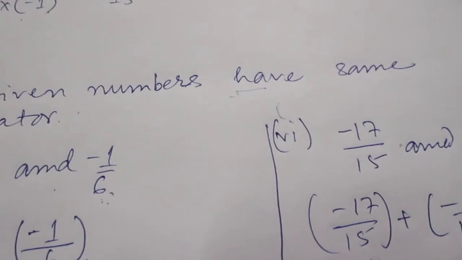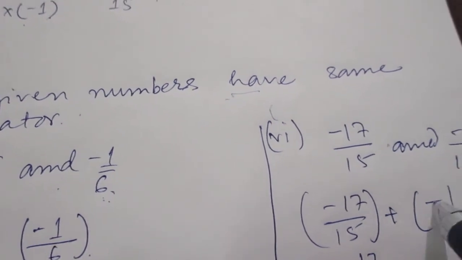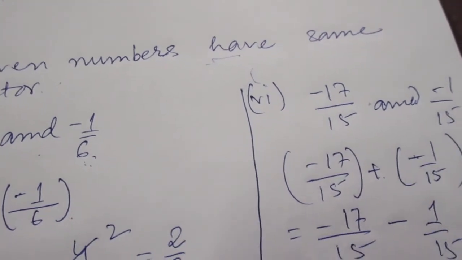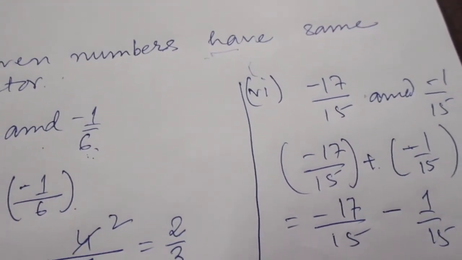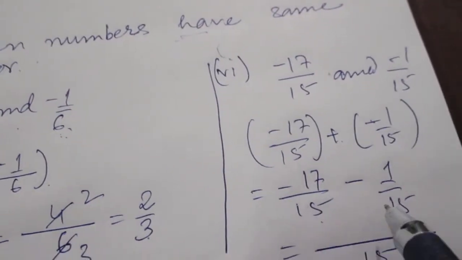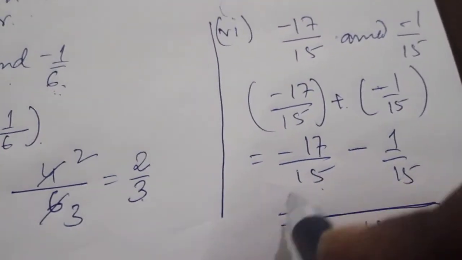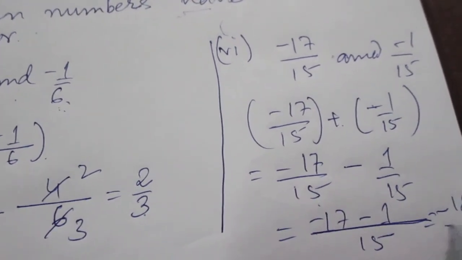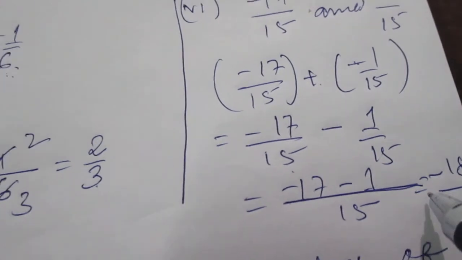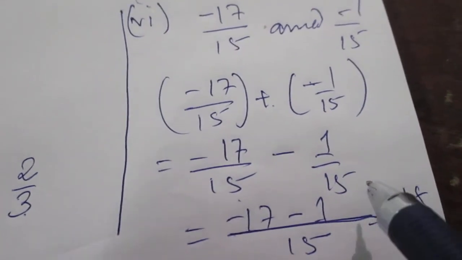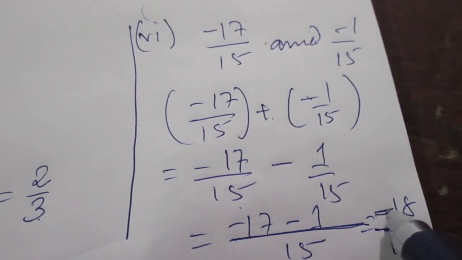Plus into minus will give me minus 1 by 15. Here also the denominator is the same, so the denominator in the result will also be 15. Here it is minus 17 and minus 1, that means minus 18. So the net answer will be minus 18 by 15.